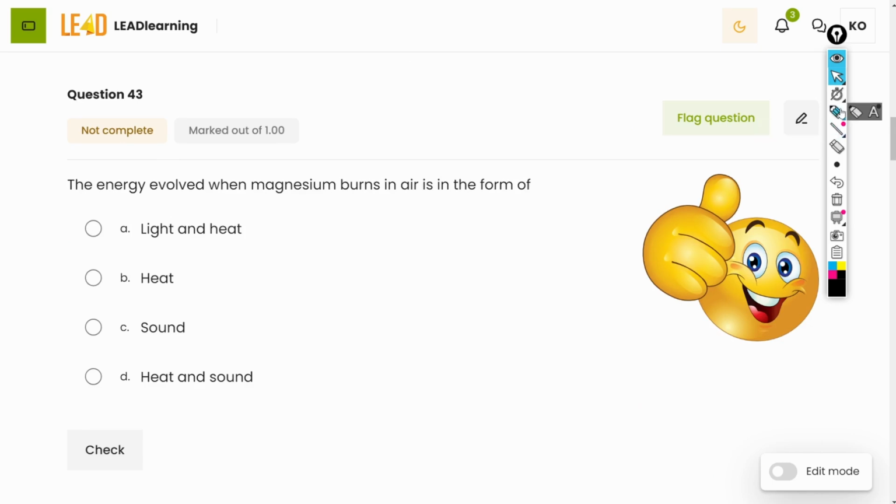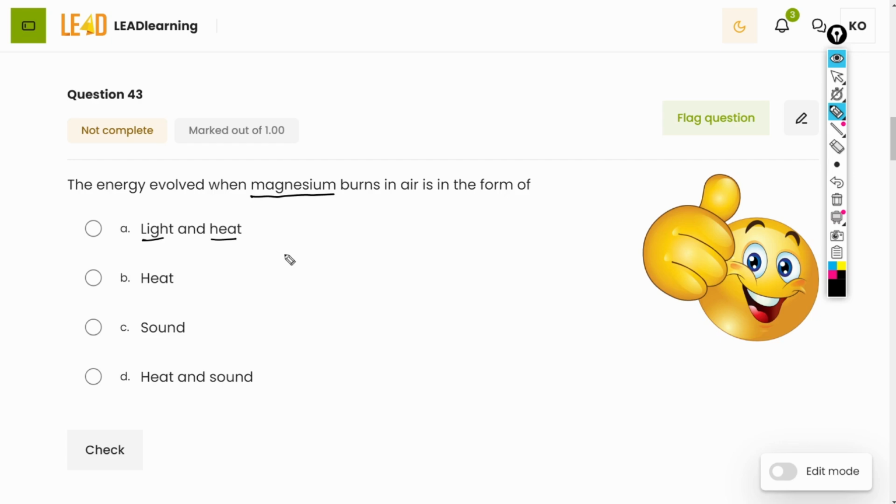Question 43. The energy evolved when magnesium burns in air is in the form of... Now, when metals burn in air, light is produced and heat is also produced. Both the light and the heat are produced because of the movement of electrons from one energy level to another.